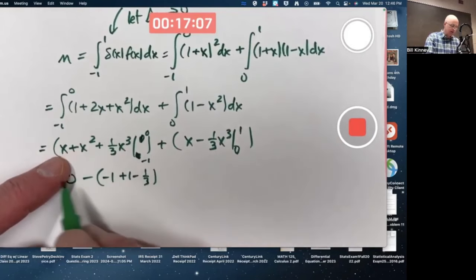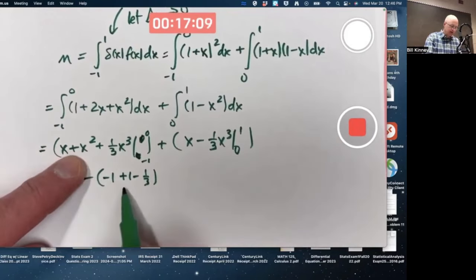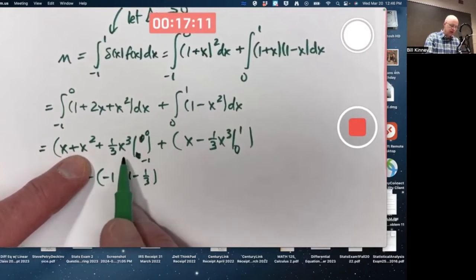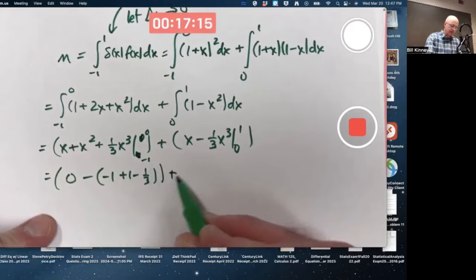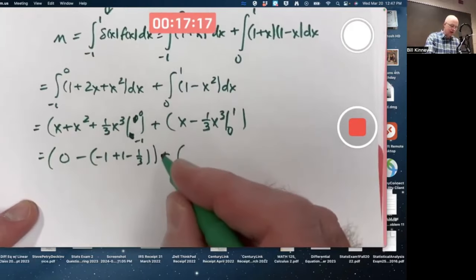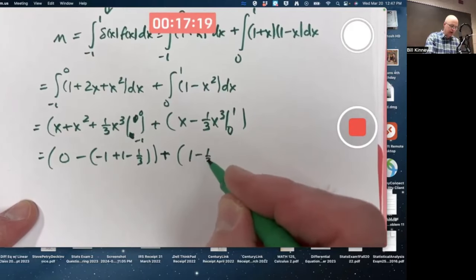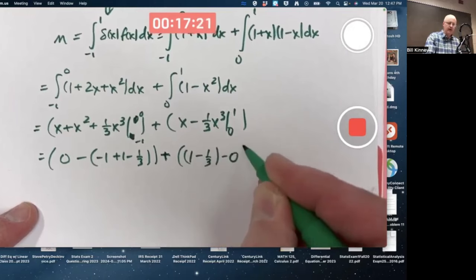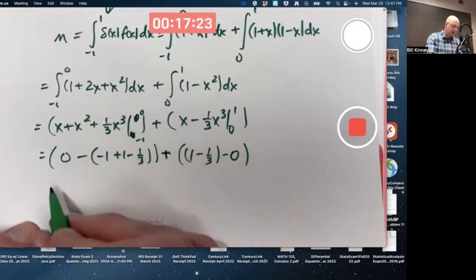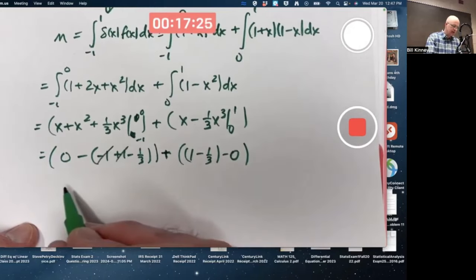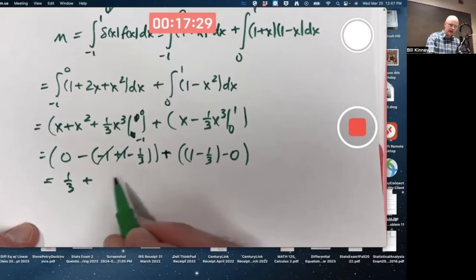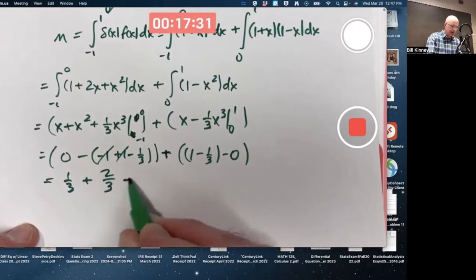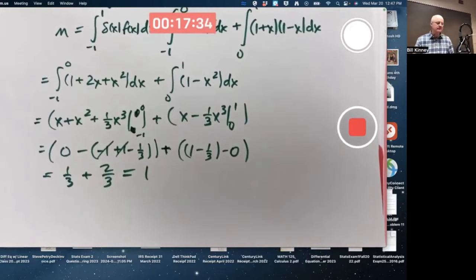Right, -1 squared is +1. -1 cubed is -1 times 1/3 is -1/3. The second one, I plug in 1, I get 1 - 1/3. I plug in 0, I get 0. The -1 and +1 cancel. This all becomes +1/3 and then +2/3, giving me 1 for the final answer.